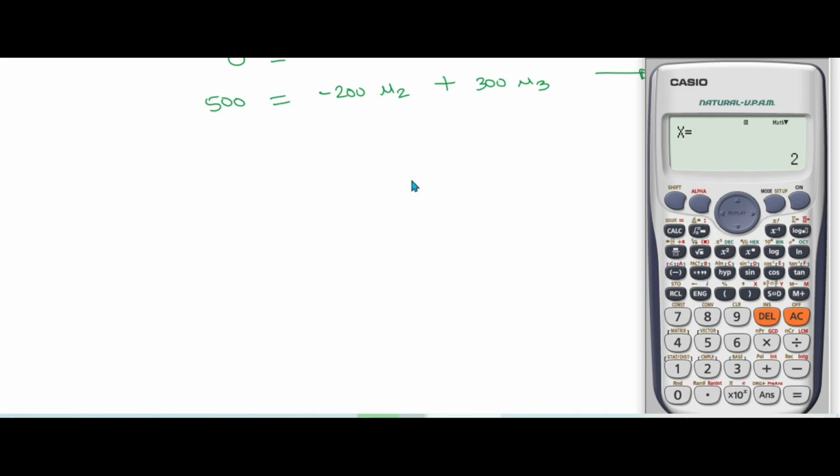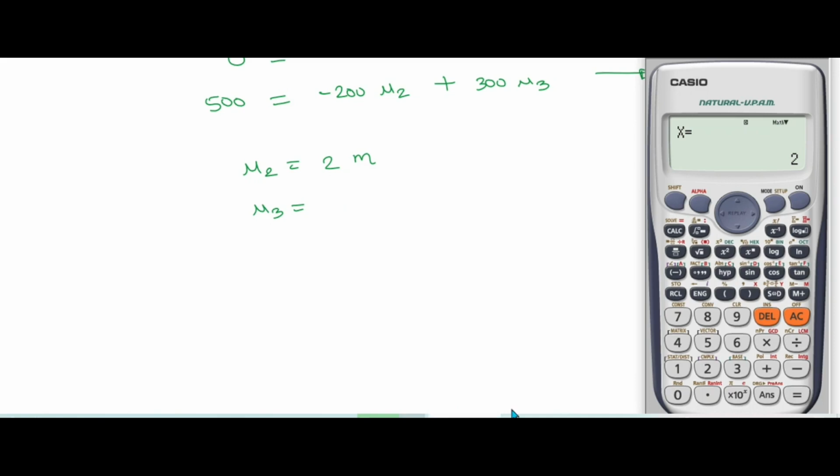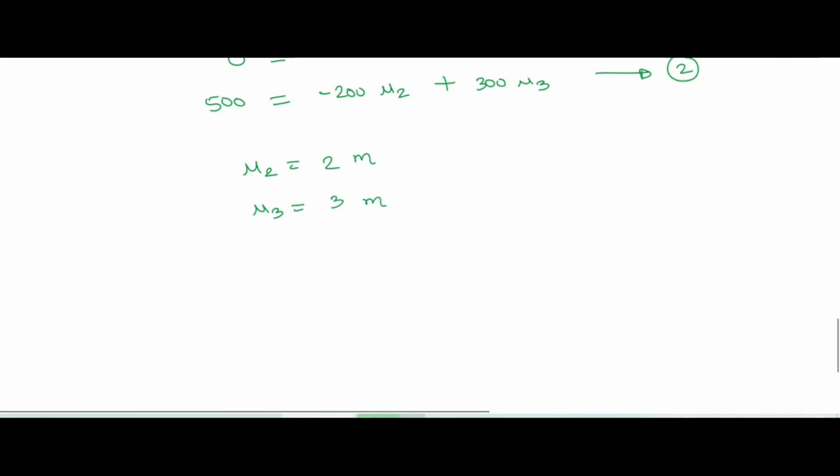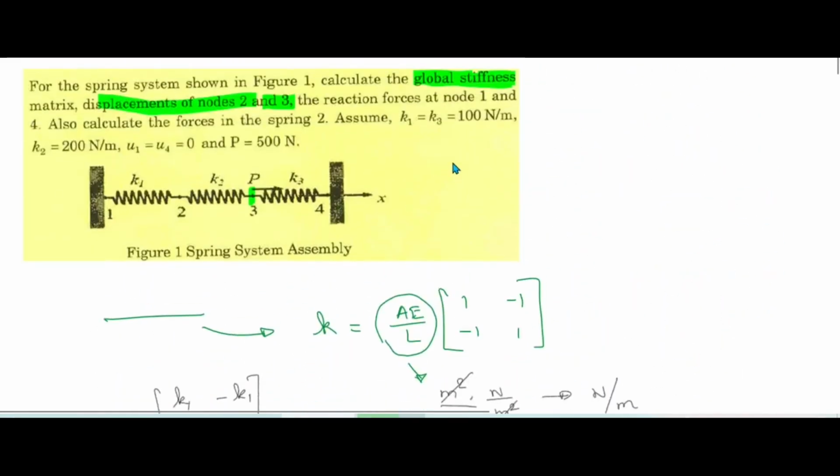X is nothing but U2. So U2 is 2 meter, I think it is in meter. And U3, if I solve this, let me press equal to again, U3 will be 3 meter. So this will be the answer for my second part: the nodal displacements U2 and U3 are 2 and 3 meters.